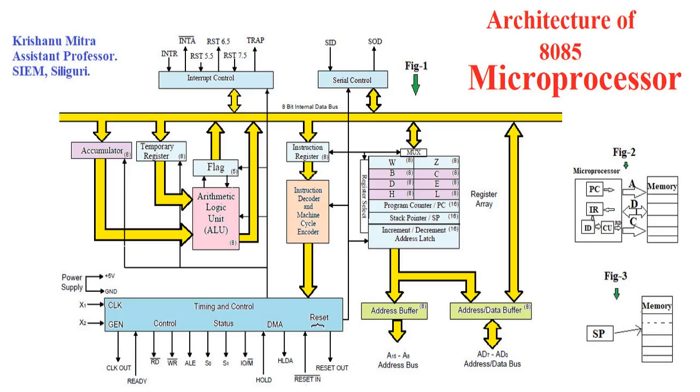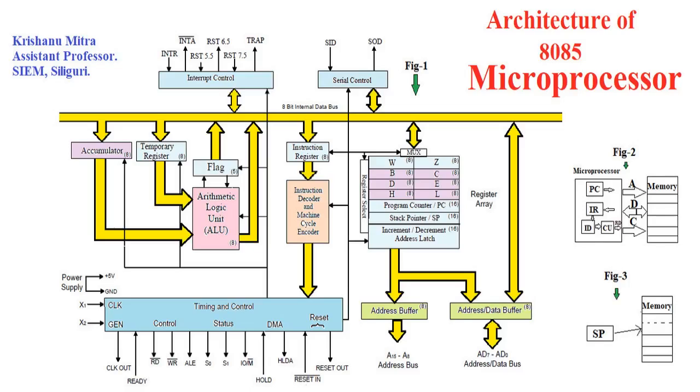Via this address bus, the program counter sends a signal to memory that we need to fetch. Fetch means it needs to access the whole content of that memory location.